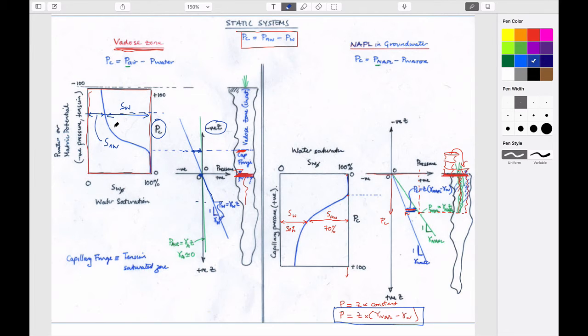Correct me please, right? This is 100% saturated with water, so this is water saturation that goes across here.